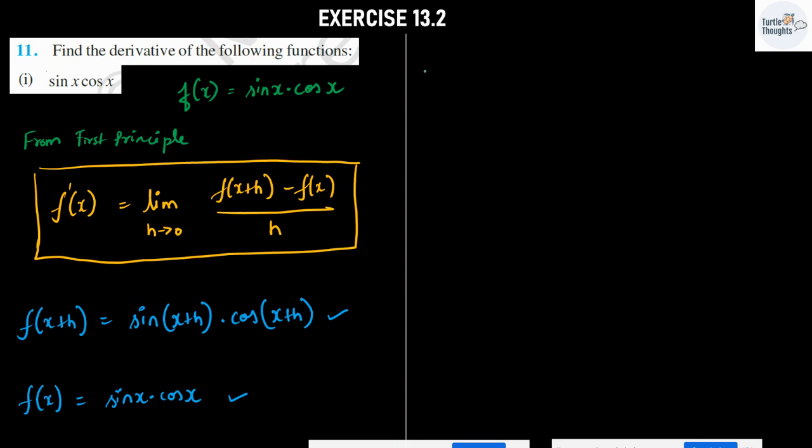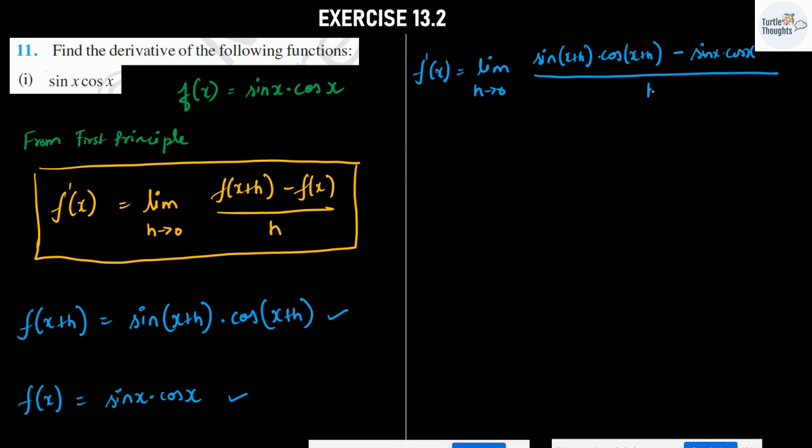Upon doing that, I will be getting the value of f dash of x is equal to limit of h tending to 0 f of x plus h, that can be taken as sin x plus h multiplied by cos x plus h, minus f of x, which is sin x multiplied by cos x, whole divided by h.